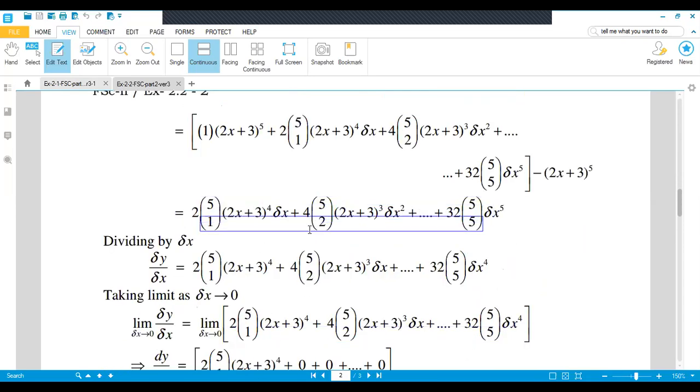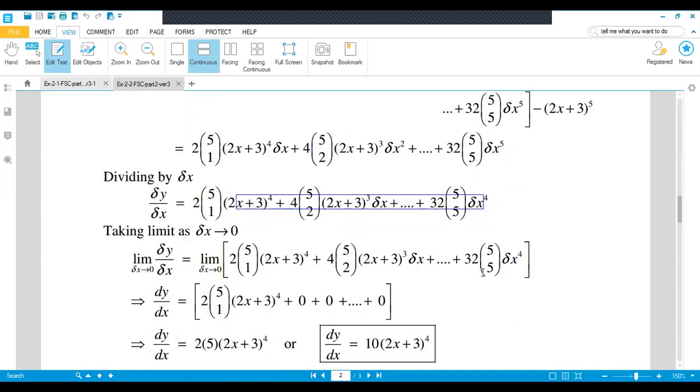So you take delta x common. When you take delta x common, you divide by delta x both sides. So delta x divided by delta x gives 1, and delta x square divided by delta x gives only delta x. When delta x power 5 is divided by delta x, delta x power 4 will be left.